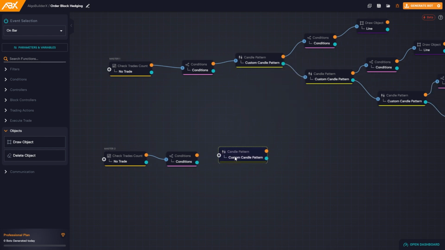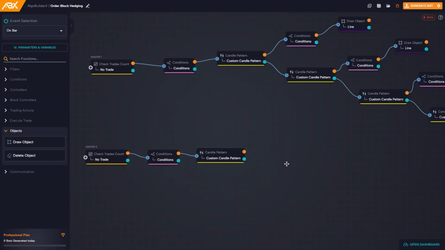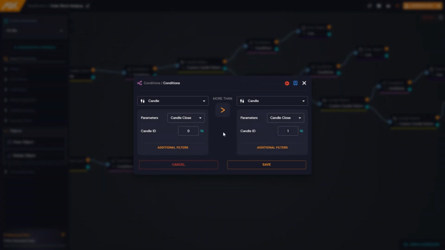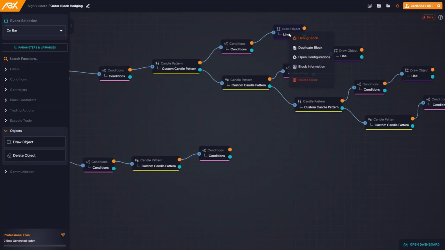Now, we need to identify the bullish candles. First, duplicate the candle pattern block and select bullish candle, setting the ID to 1. Then, duplicate the condition block, making sure to invert the operator since the price should be lower than the previous candle. Next, duplicate the draw object block.